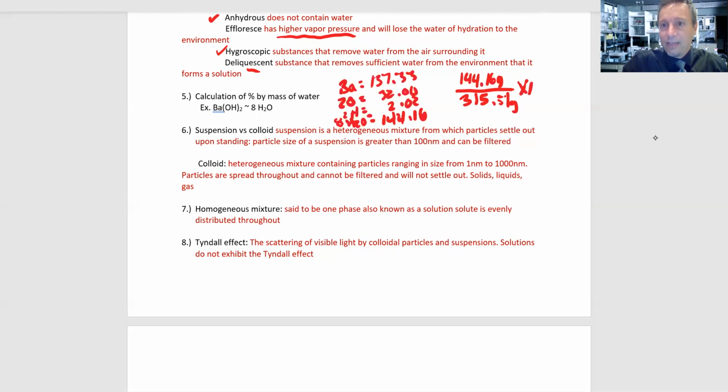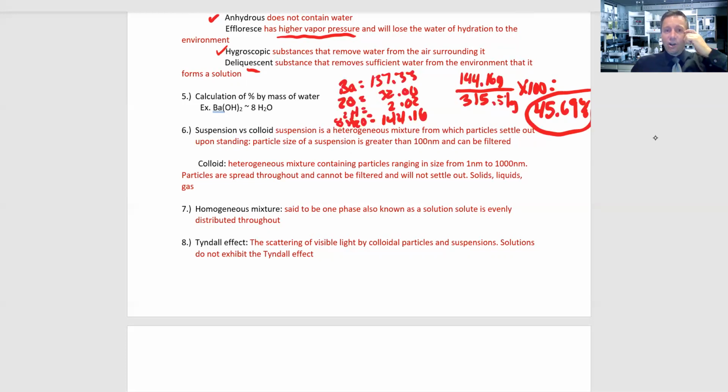And we're going to multiply that by 100. And that'll give us our percent. So let's do that. So we go 144.16 divided by 315.51. And then multiply that by 100. So we have 4 sig figs. So rounding to 4 significant figures, this percent by mass of water is 45.69%.